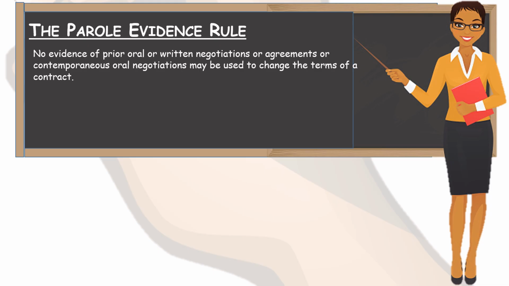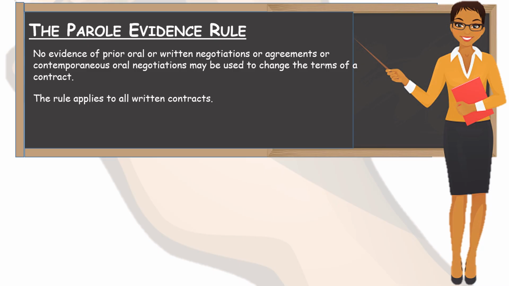Now, the reason for this is a written contract signed by both parties is perceived to be the final manifestation of all previous negotiation. You heard that, right? The final manifestation of all previous negotiation. The idea is, if it was important to you, you would have included it in the contract. That's the idea behind the parole evidence rule.